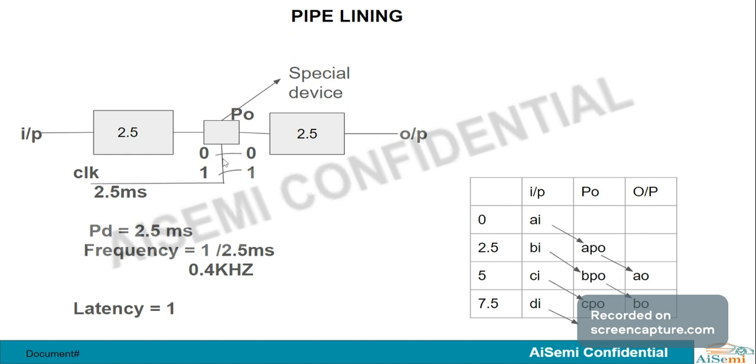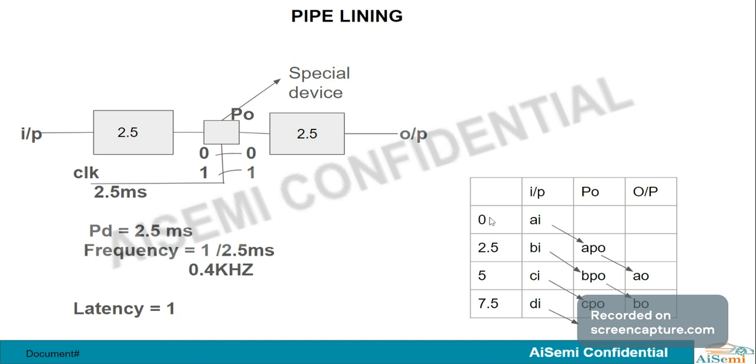It stores the value A P0, and after that it closes the gate. After that, the value A P0 passes to this side after 2.5 milliseconds. Then the output is formed.